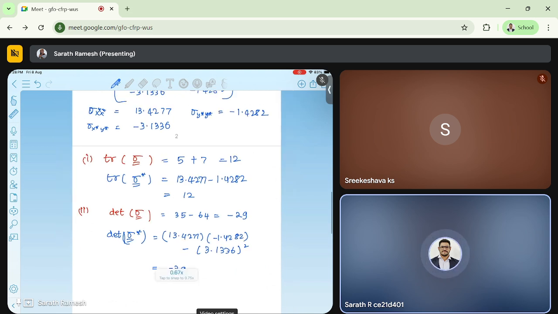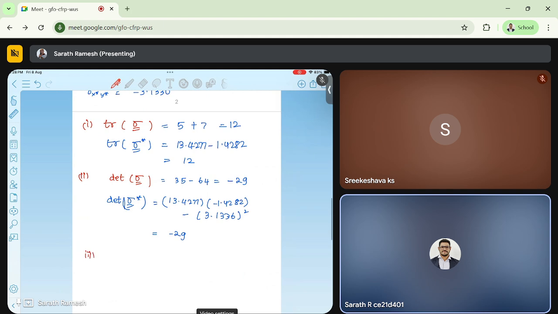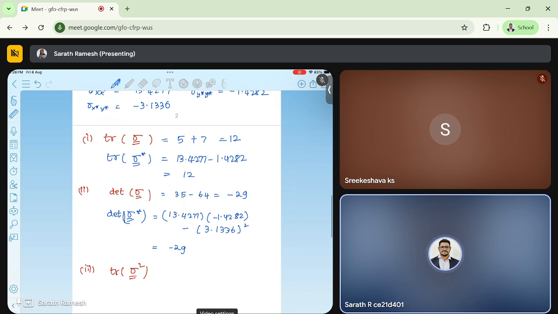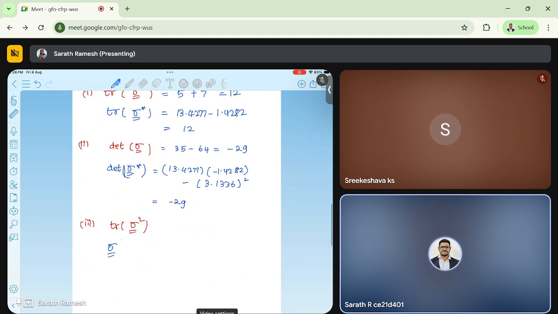Fine. And third invariant was trace of sigma square. Sigma square is sigma times sigma.